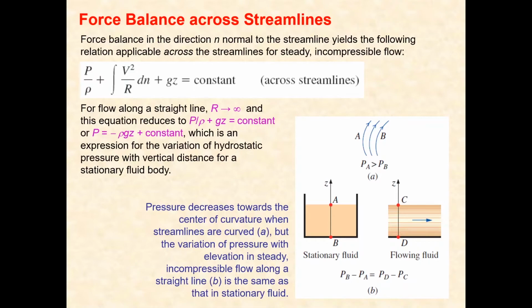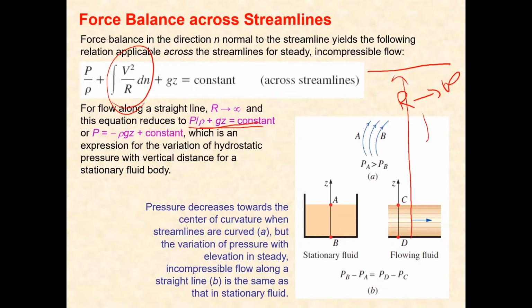As mentioned before, the Bernoulli equation can only be applied to a particle along a streamline. However, by using force balance, it can be used across streamlines for steady and incompressible flow. For flow along a straight line, the radius of curvature is infinity. So the velocity term divided by the radius of curvature becomes 0, and you will only have the remaining terms.